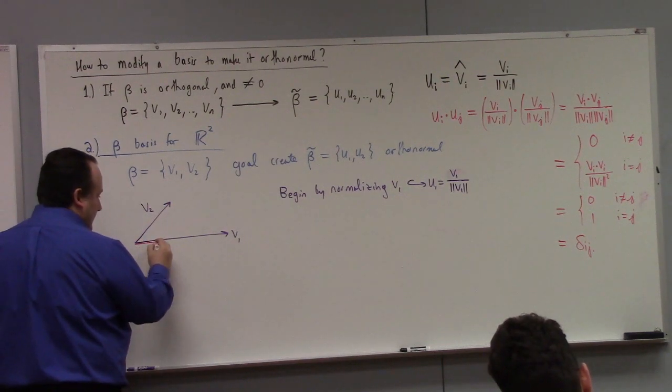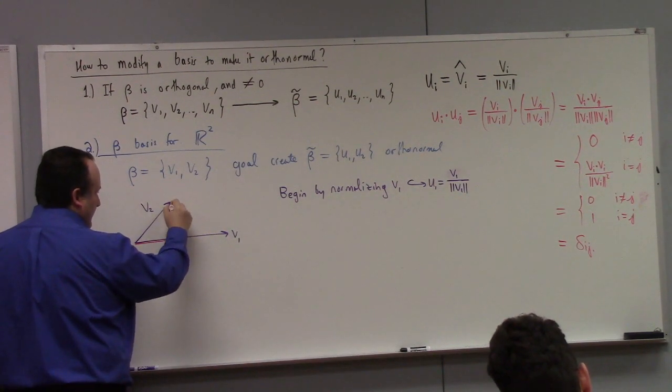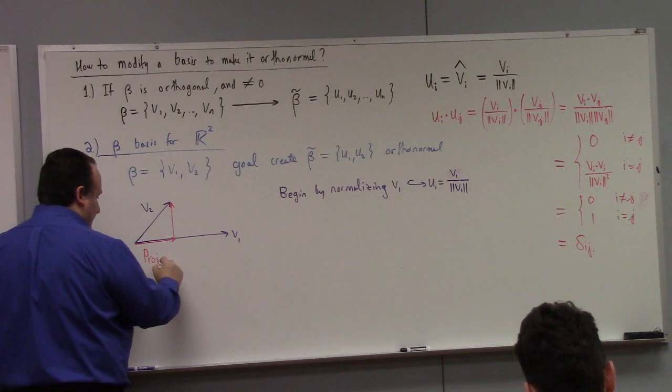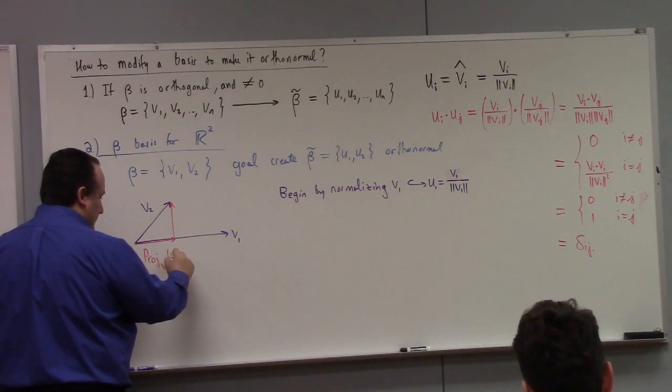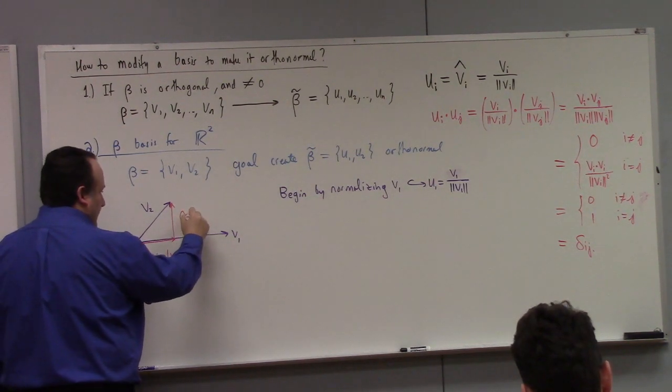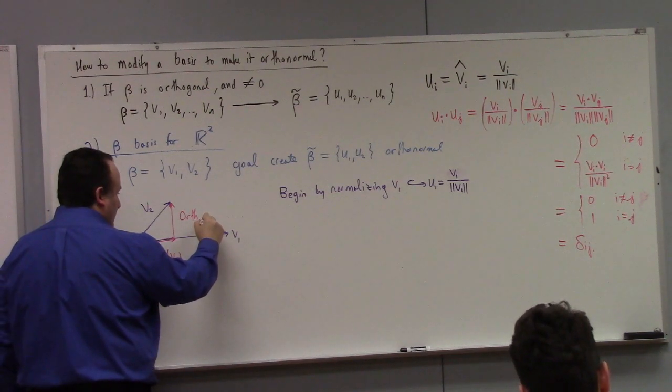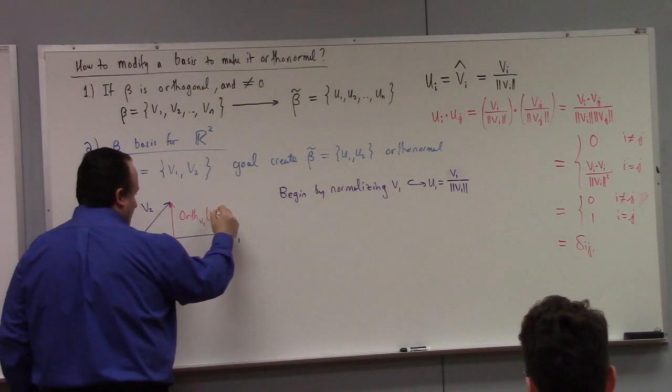The one piece is like this, right? The other piece is like that. So I call this the projection onto v1 of v2. I call this the orthogonal projection of v2 onto the v1 direction.